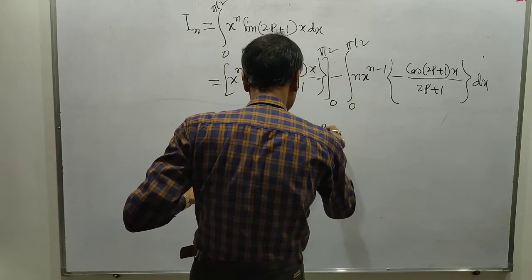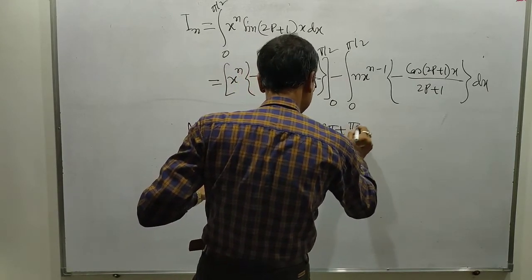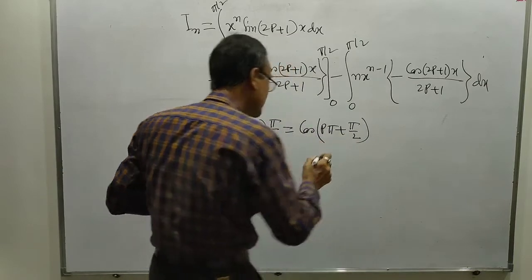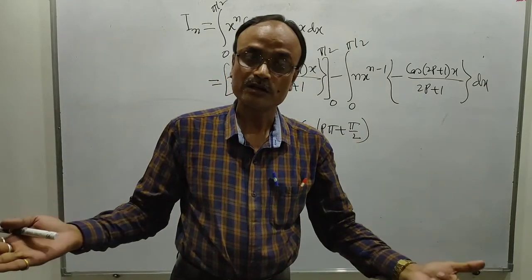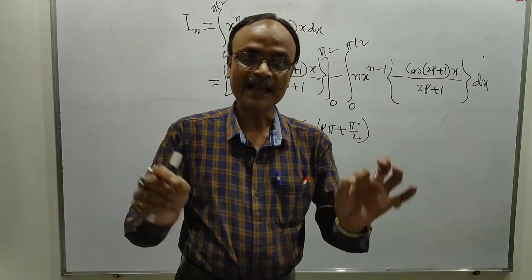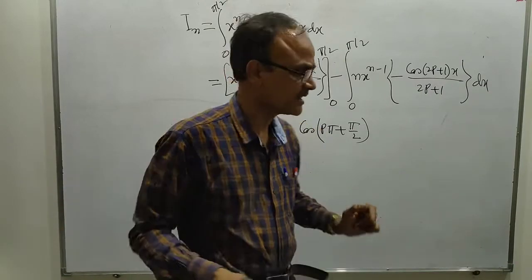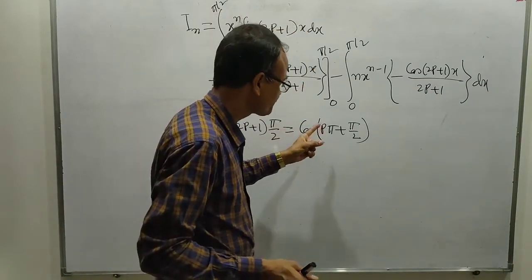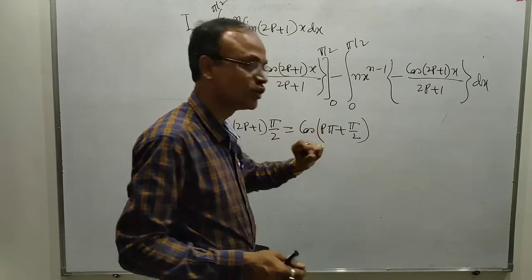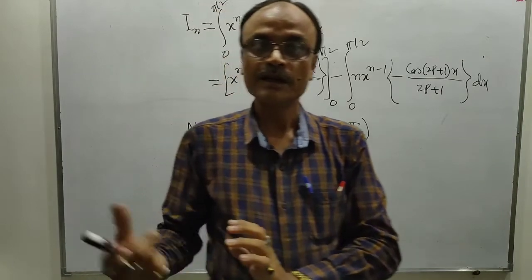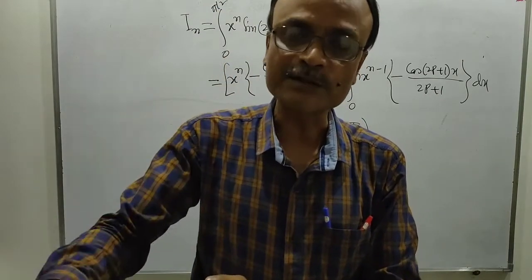It will be cos(pπ plus π/2). n is a positive integer, this means n equals 1, 2, 3, 4 like this. Now, if p is equal to 1, it will be cos(π plus π/2).